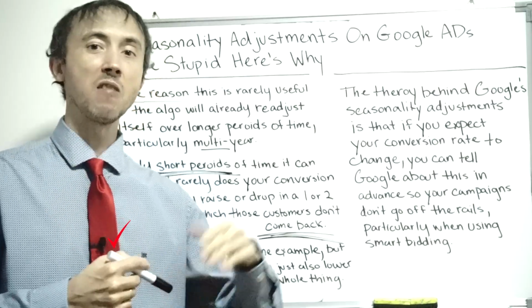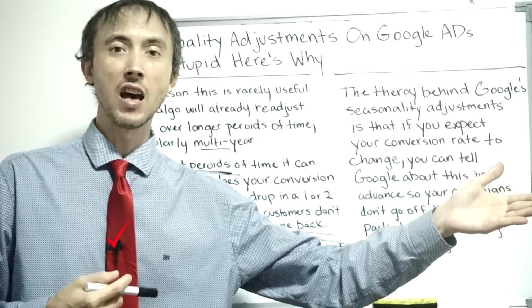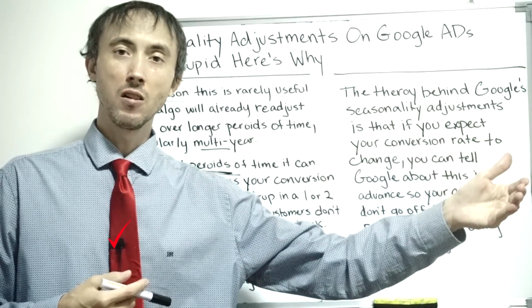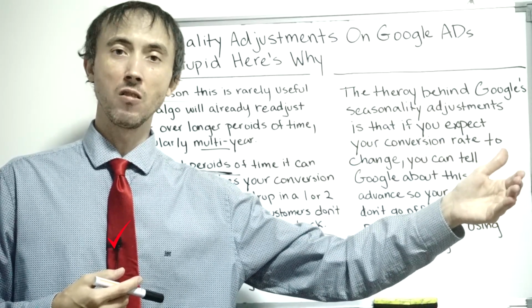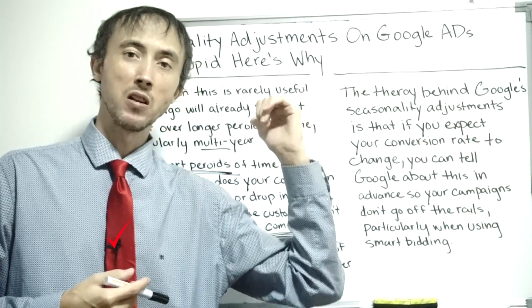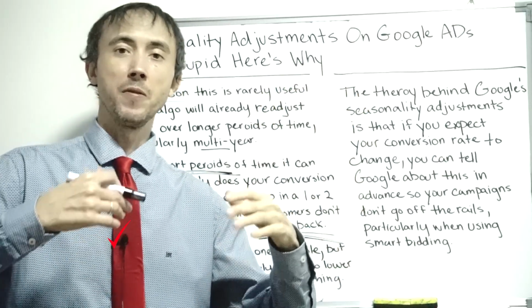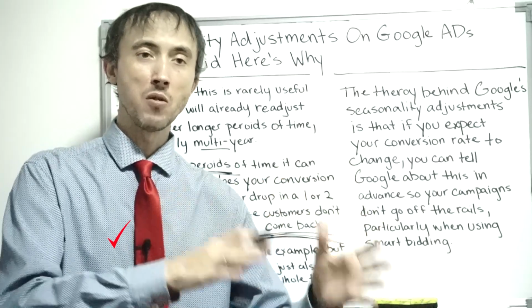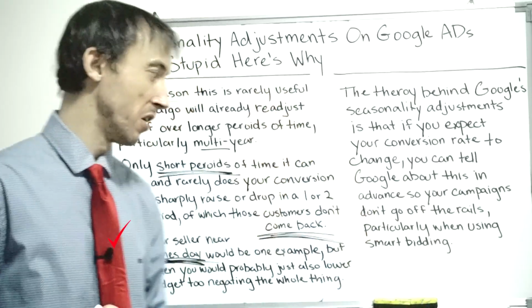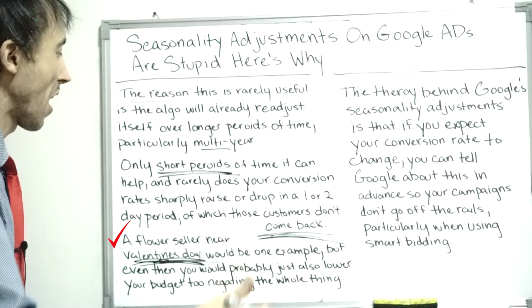Because again, after a week, it would adjust itself. But in that week while it figures out that the sales aren't what they were on February 12th and 13th, you could get the algorithm to slow down before it would figure it out on its own.